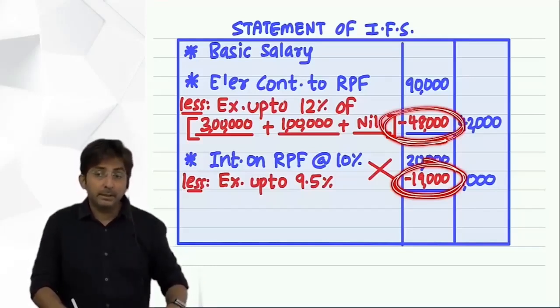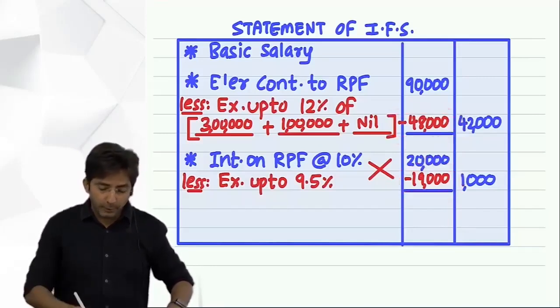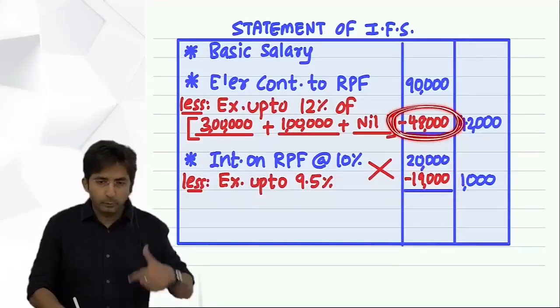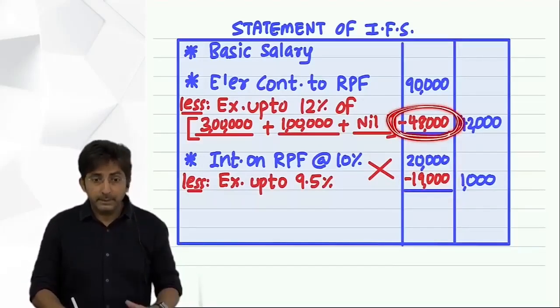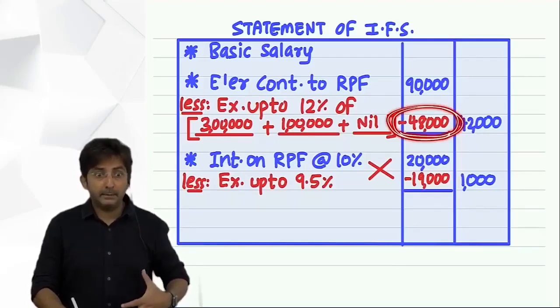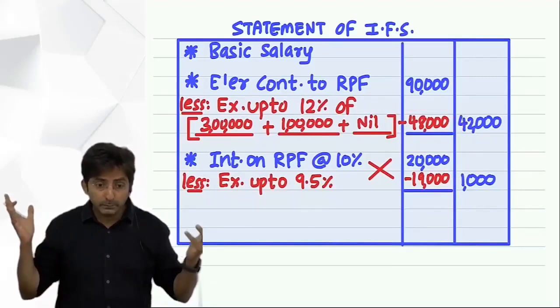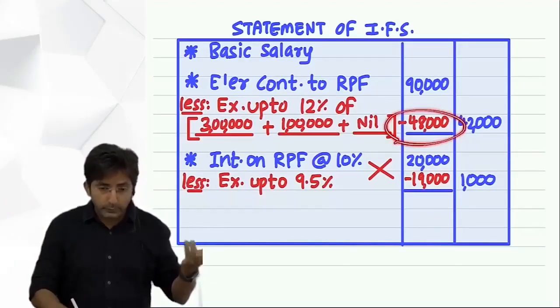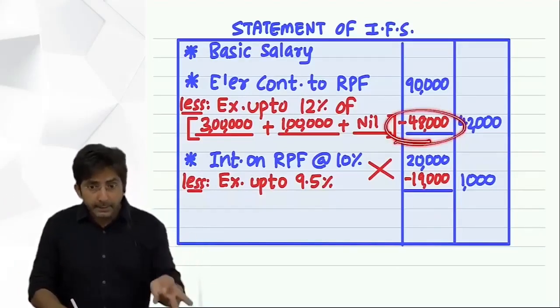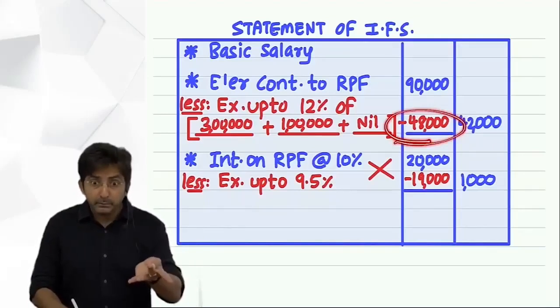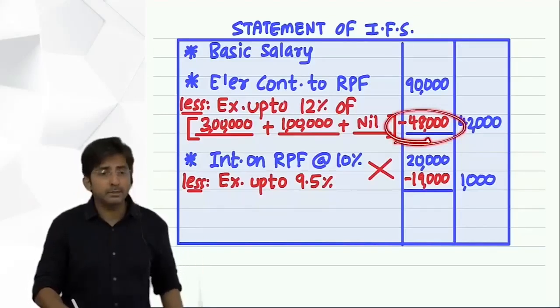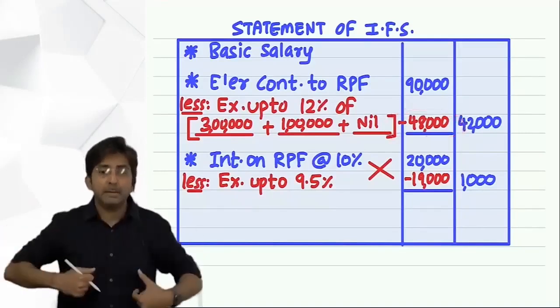So tell me, in 3 years, what exemption did you enjoy? 48,000 into 3. Basically, imagine the government is angry and is saying, what we gave you as exemption of 48,000 in first year, second year, third year, now you're leaving, we will withdraw the exemption. Withdraw means they are snatching back.